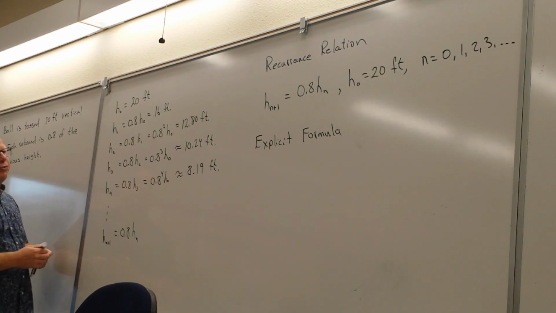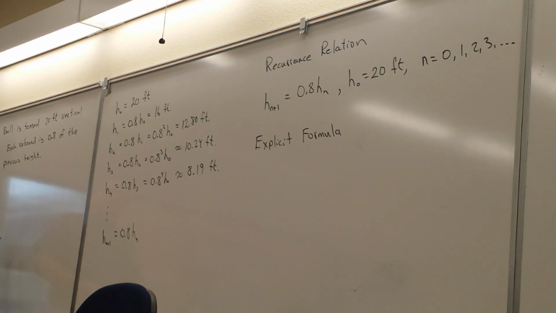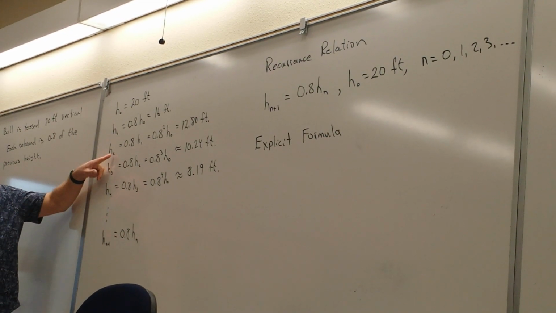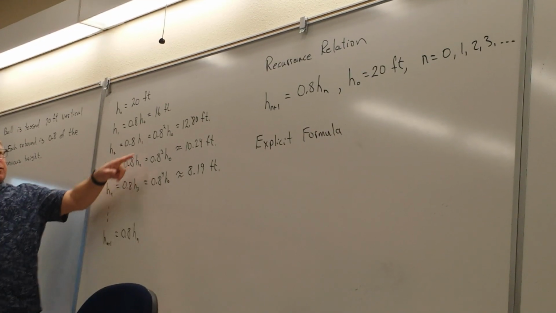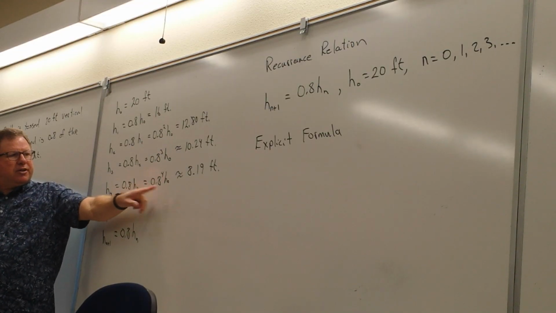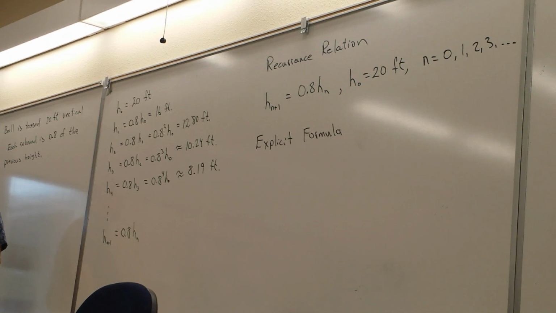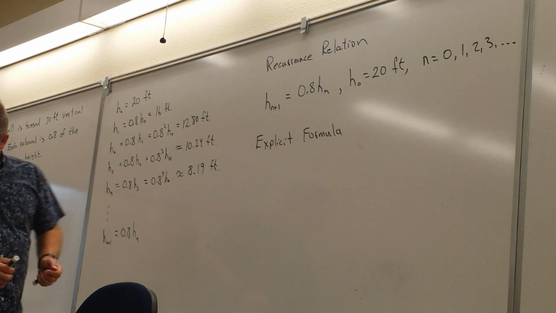For the explicit formula, look at this column. Compare the index here, 2, 3, 4, with these exponents. H naught is there. What's our explicit formula look like? 0.8 to the n. Okay, good.